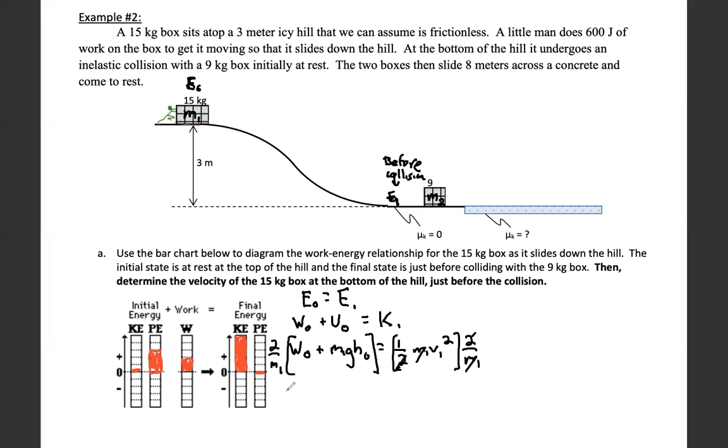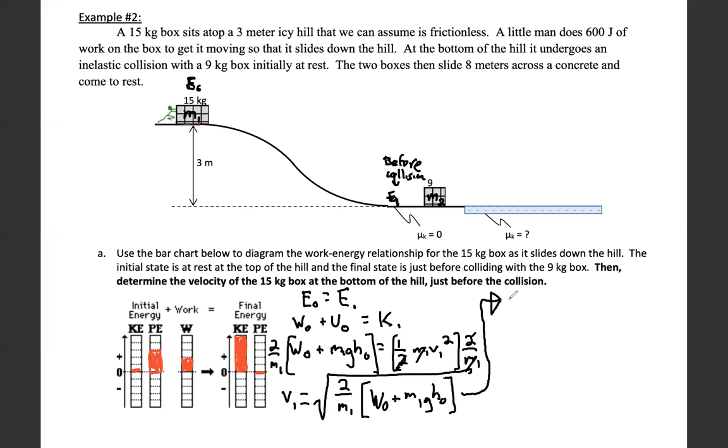So that would mean that v1 equals the square root of 2 over m1 times that initial work plus m1 g h initial. And then we just plug in those values.